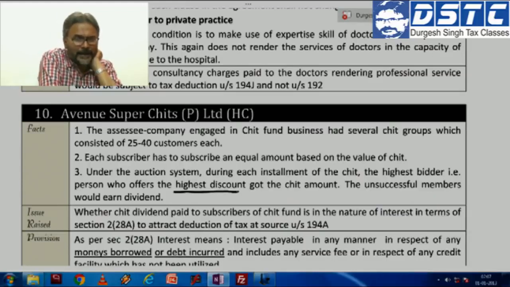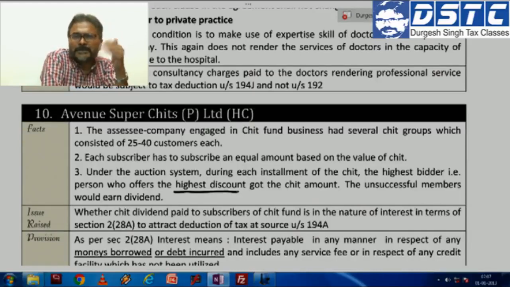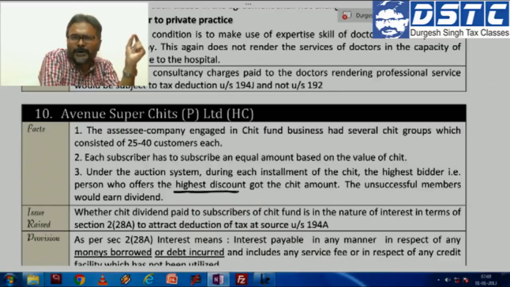Now what happens to that difference of 27,500? You have given this person 2,500. What happens to this 27,500? This 27,500 gets distributed amongst all the members on a pro rata basis.